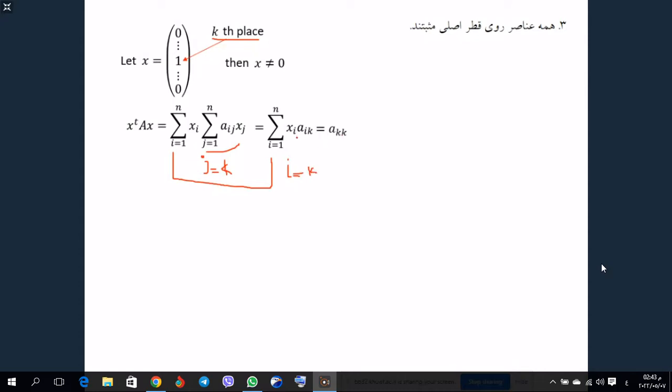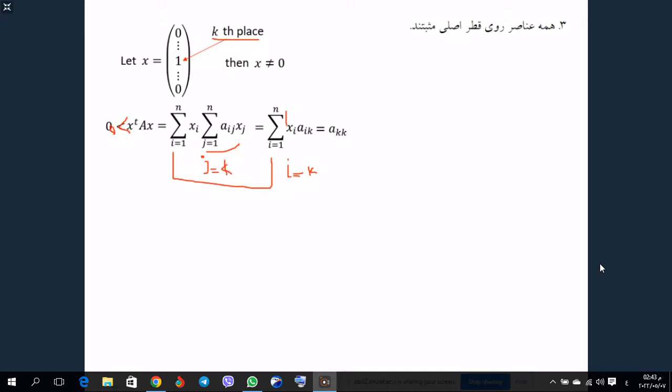So it is akk, which is greater than 0 for this non-zero vector.